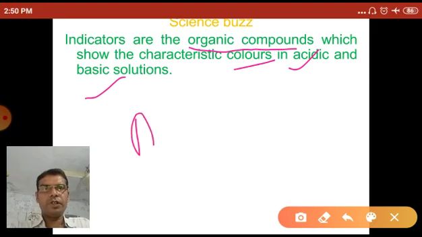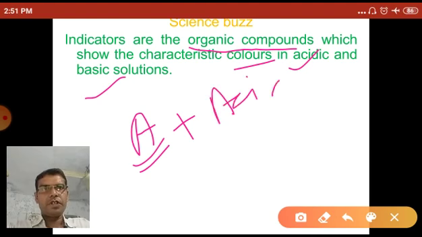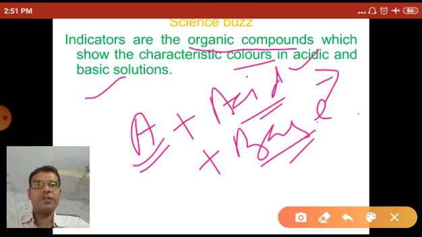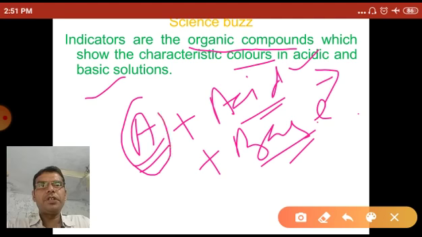When an indicator is added in acids, it shows a particular color. When added in a base, it shows a different color from the acids. So indicators are organic compounds which show characteristic colors in acidic and basic mediums.